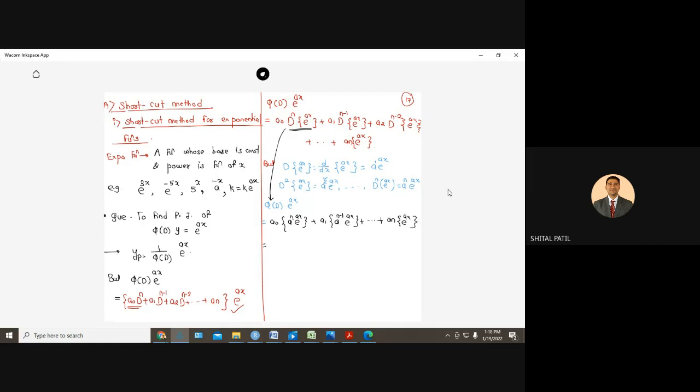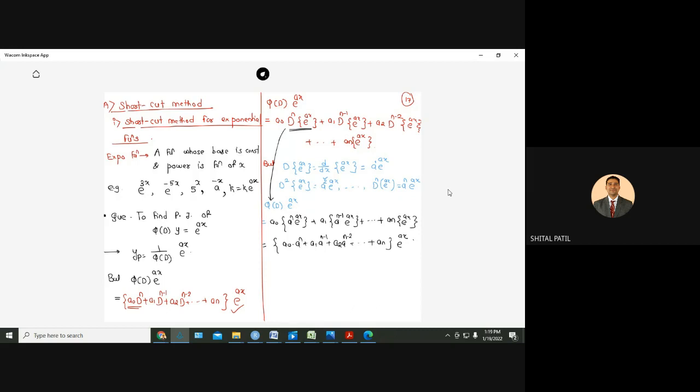Now see what I am doing. I am writing in this way: a naught into a raised to n, a1 a raised to n minus 1, a2 a raised to n minus 2, and so on, an, and then e raised to x is taken outside.